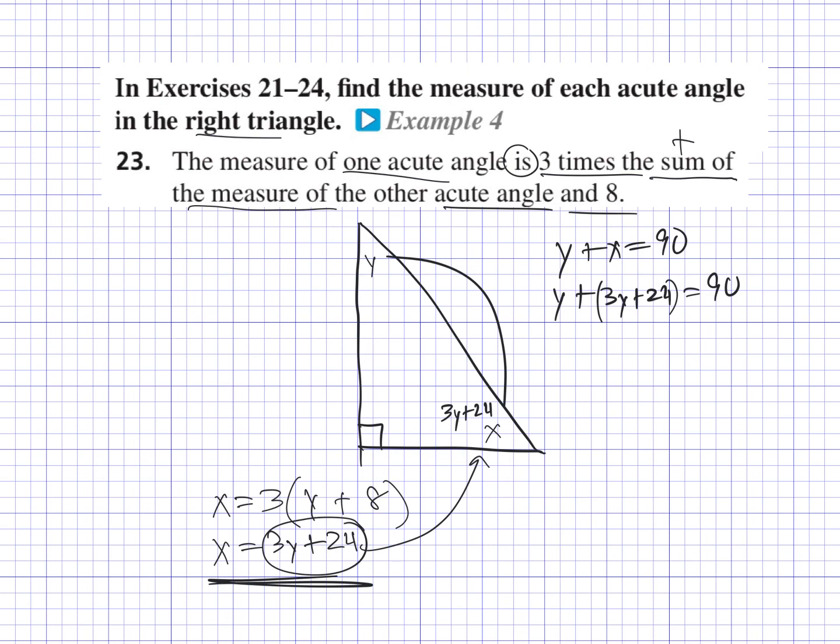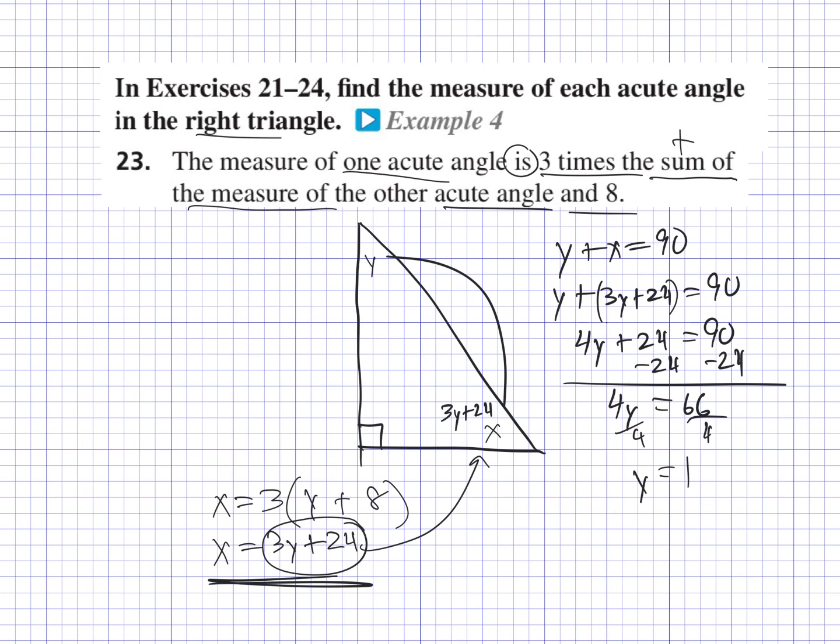Whenever we substitute, we put parentheses around it, but we don't really need the parentheses now because we've already distributed. So y plus 3y is 4y plus 24 equals 90. Subtract the 24. 4y equals 66. Divide off the 4, and we see what we get.